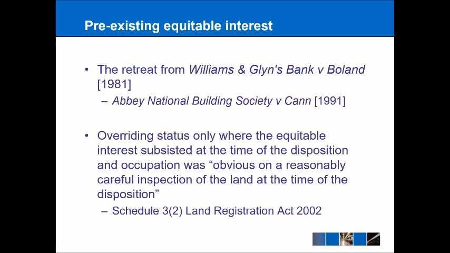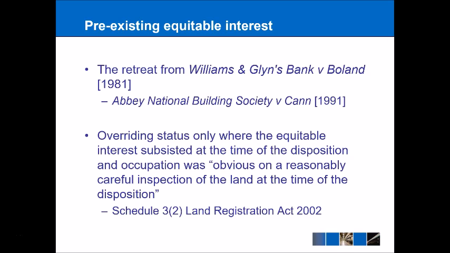And this was most famously demonstrated in the case of Williams and Glyn's Bank and Boland, and to an extent it created a degree of uncertainty in the law, and for banks meant that their mortgage charges over property was not exactly a safe commercial bet in certain circumstances.